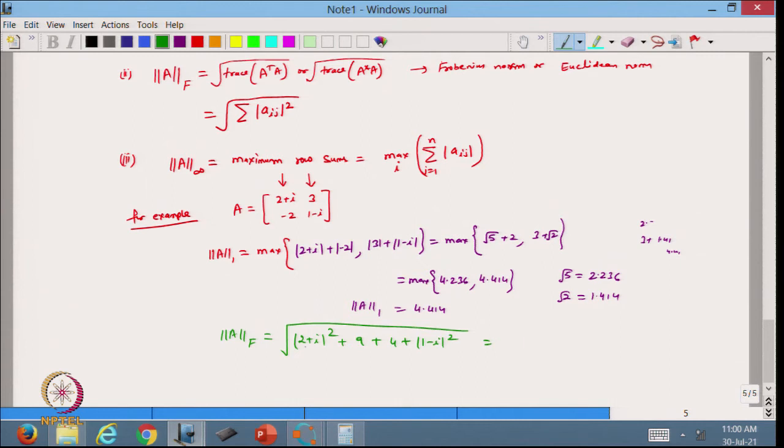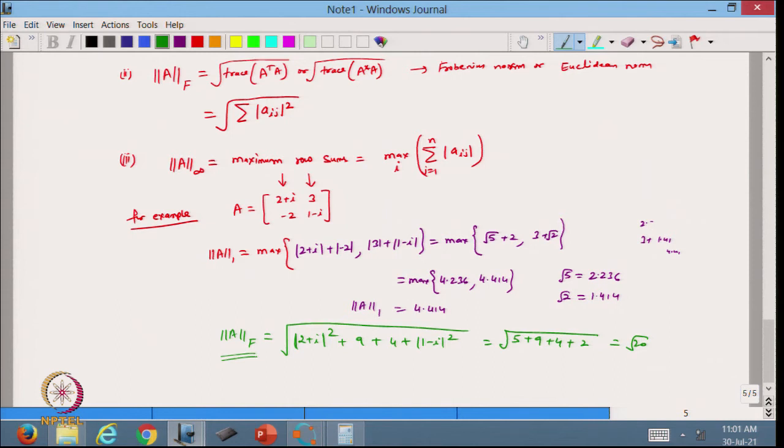The magnitude of 2 plus i is root 5, so it will be 5 plus 9 plus 4 plus 2, which is 20, root 20. So, that is my Frobenius norm in this case.